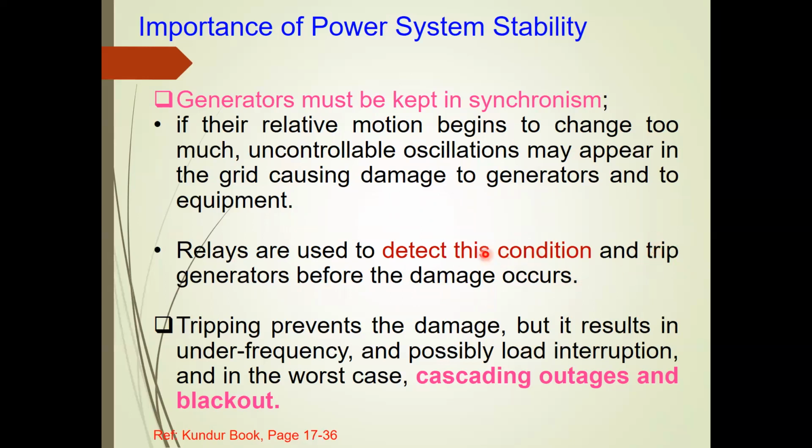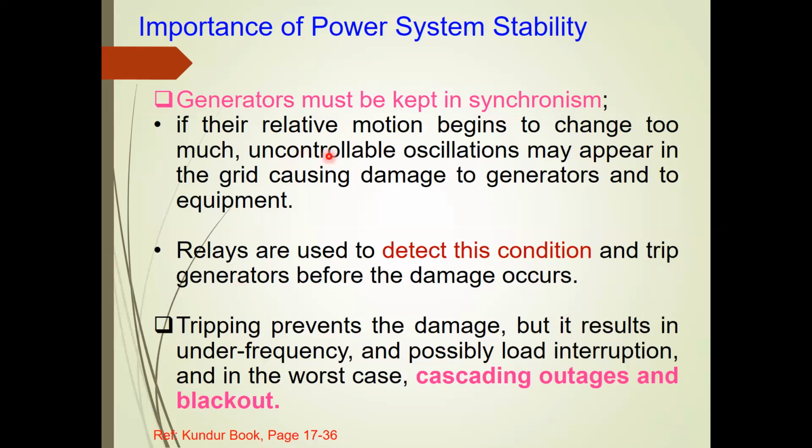But if the relay detects this condition of oscillations and the generator is tripped, it means you have an outage of the generator, that is, a shutdown of the generator. Say, for example, a 500 MVA generator, or 600 or 800 MVA, a large size generator.